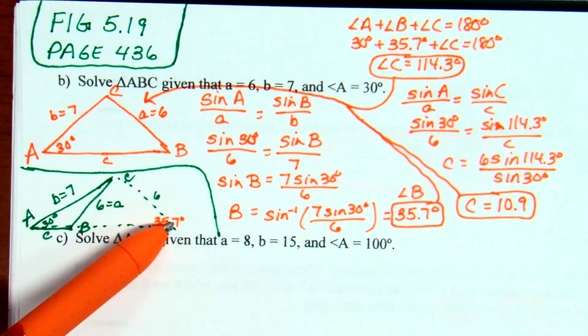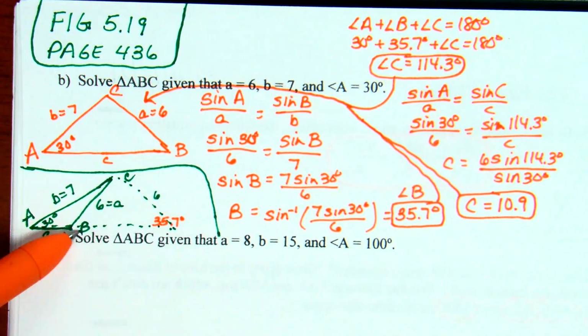Now, again, this is where me drawing a better picture would help. I'm trying to claim that this is a side 6, right? And right here is a side 6. So my idea being that this is an isosceles triangle. Make sense?